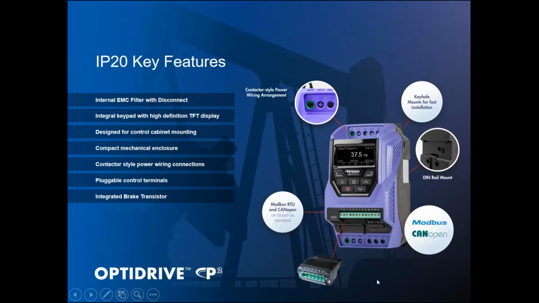But the difference is that you can expand to other fieldbus protocols with these kinds of removable or modular models. You can insert these modules directly into the P2 drive.